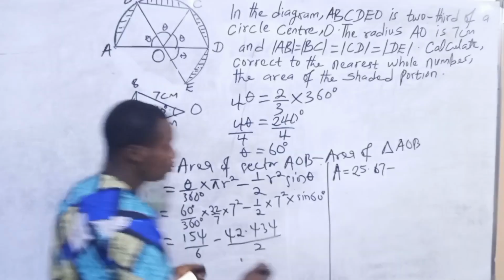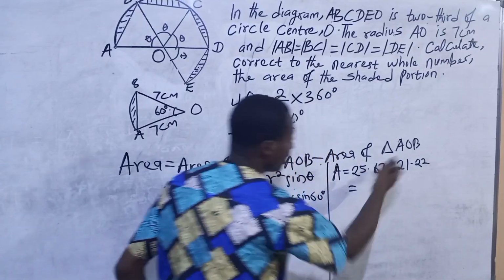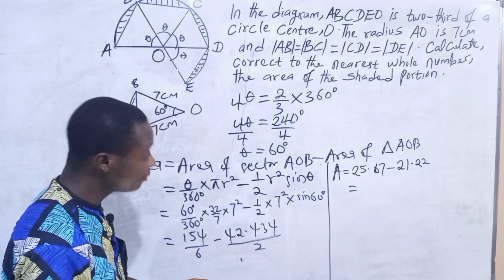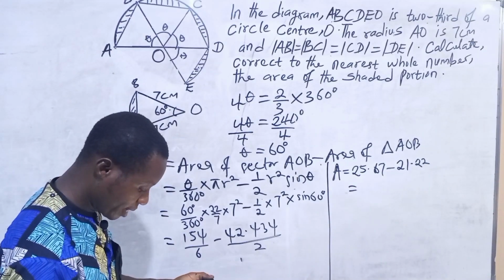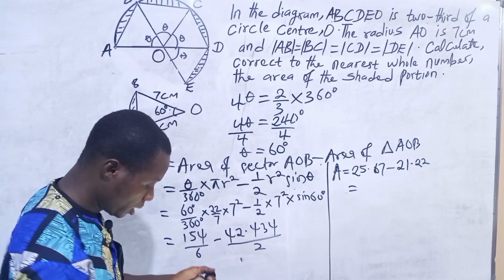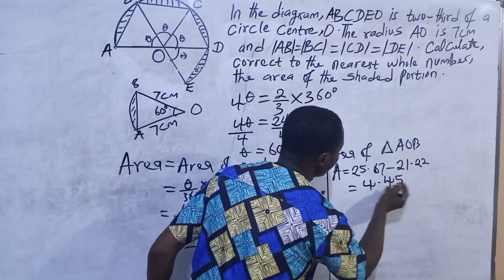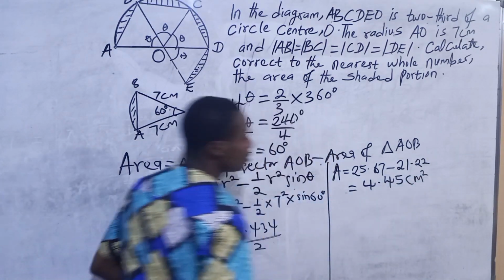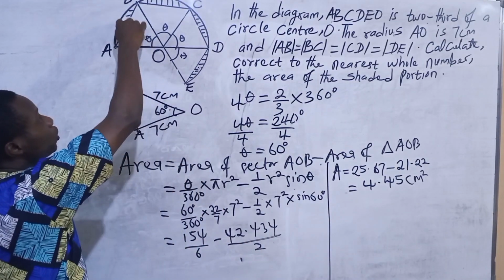That is 21.22. Then we take the difference. What's the difference? 25.67 minus 21.22 gives us 4.45 centimeters squared. This is the area of one of the shaded portions, just one.